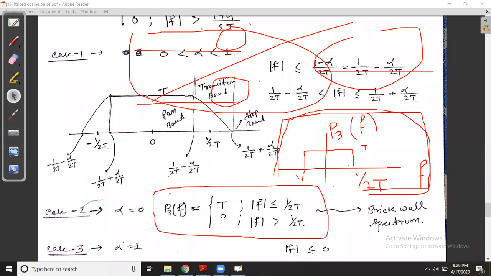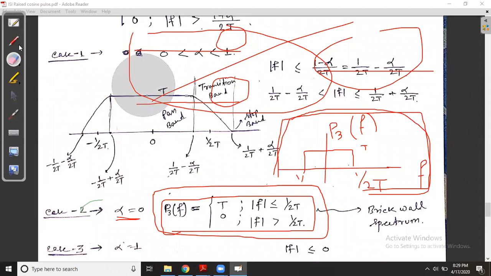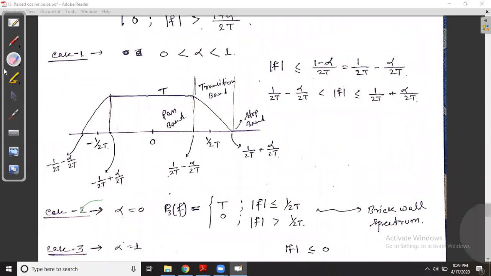Okay. So this is the condition you will get when the value of alpha is 0. Now one term we are going to introduce here. If you just try to understand, it is a very interesting case.